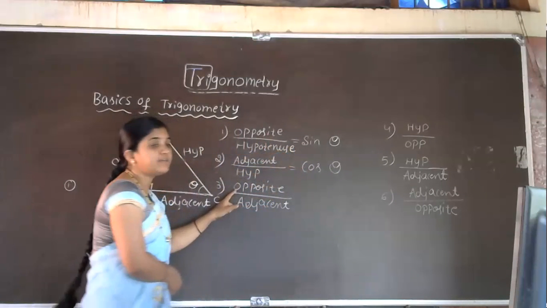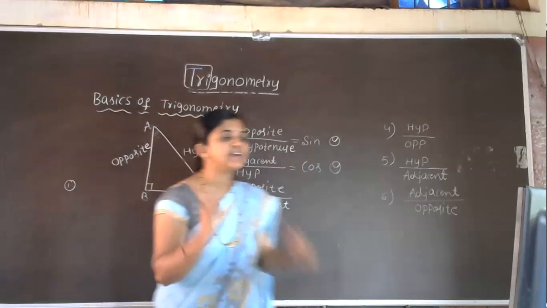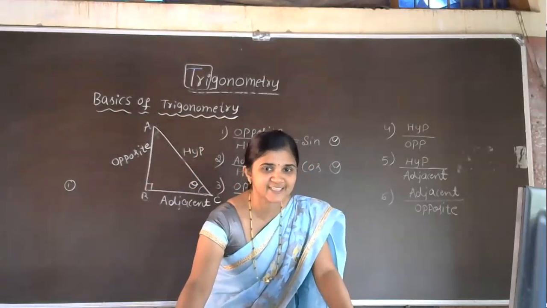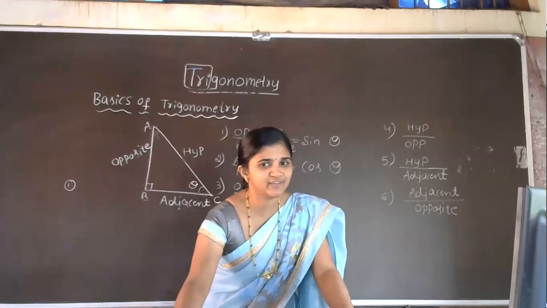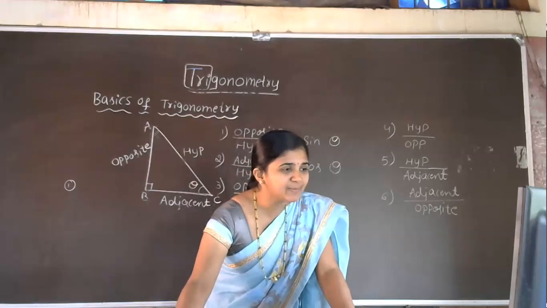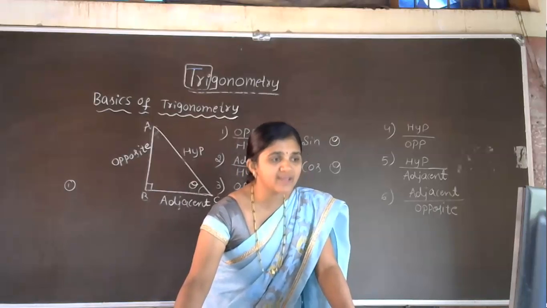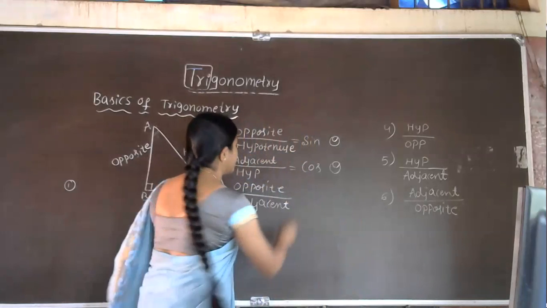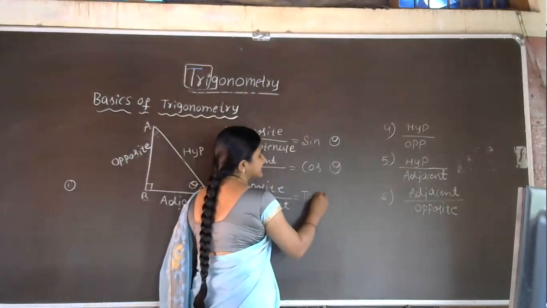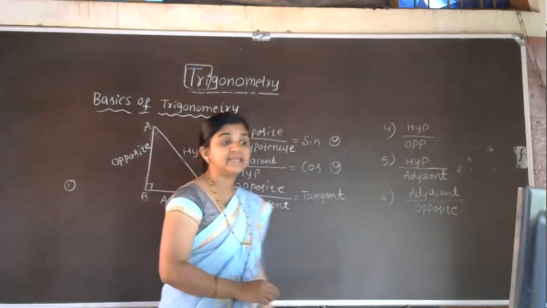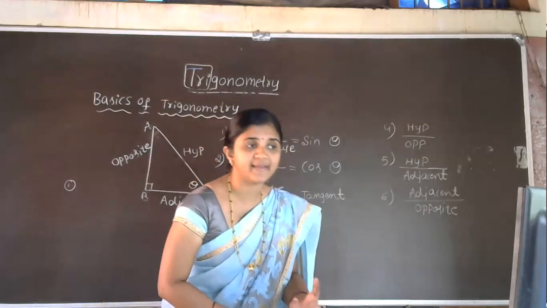Then the third one is opposite by adjacent. Here we have to observe one thing that we will discuss later. Now we will just give the names. The ratio of opposite by adjacent, what is that name? Tangent. Tangent of angle theta.